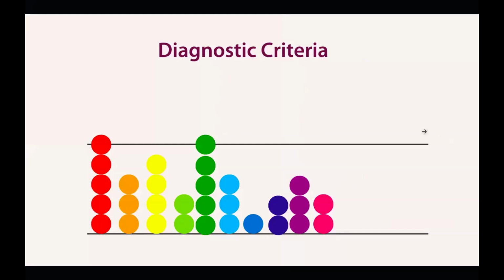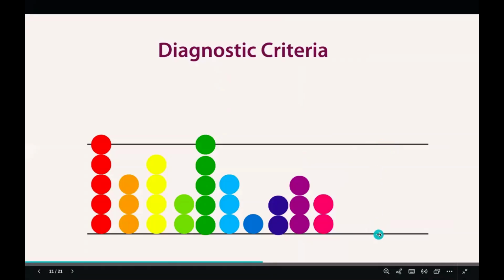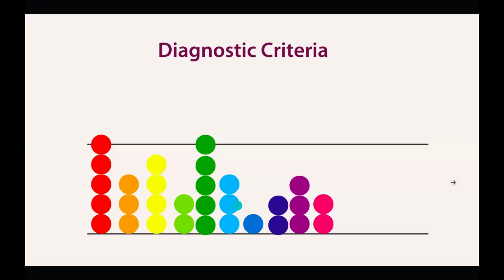But think of it like this. If this level here, this top line, was the diagnostic criteria measure, and this bottom line was your baseline, typical people in the population may have one or two scores on some of these criteria. Neurodivergent people will have higher scores on lots of them, for example. So this person will have higher scores on lots of them, but they may only reach the diagnostic criteria on two of them.